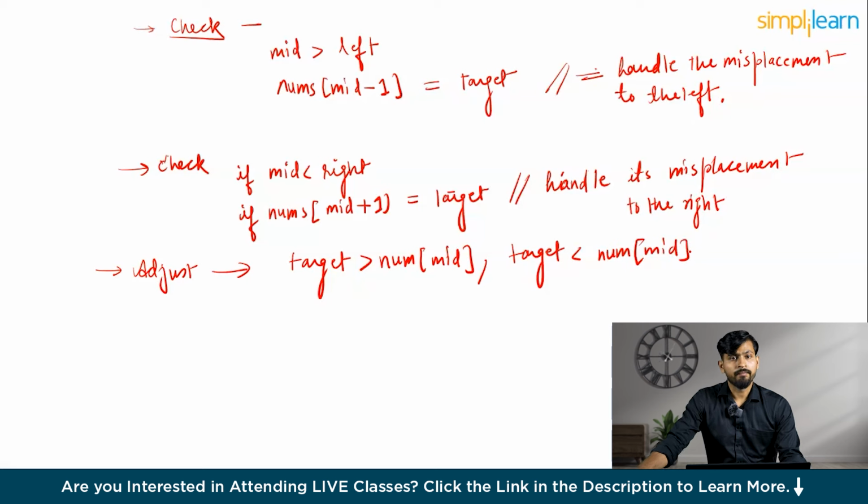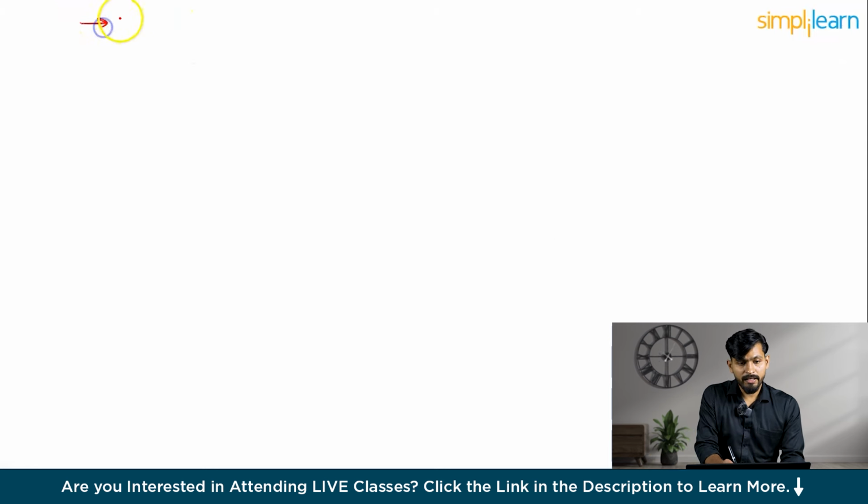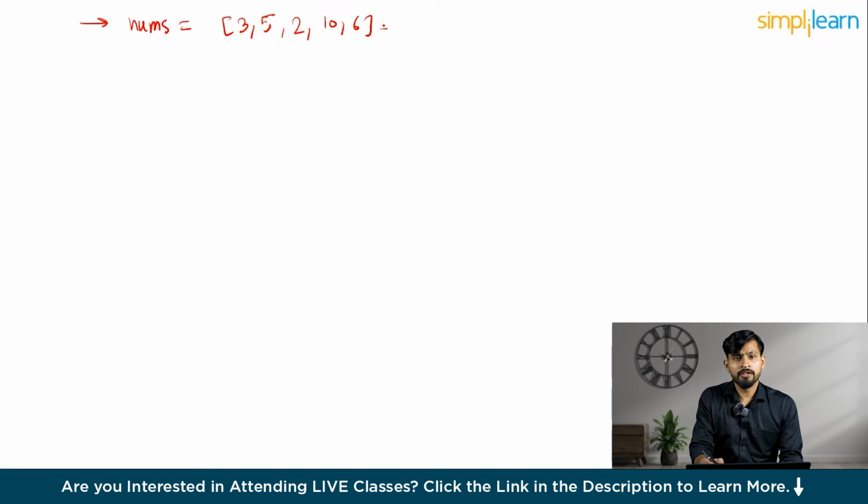So we have approached till here. Now let us take an array and try to apply this operation. So here we have the example execution. Suppose our array nums is 3, 5, 2, 10 and 6, and we are going to search for 10.